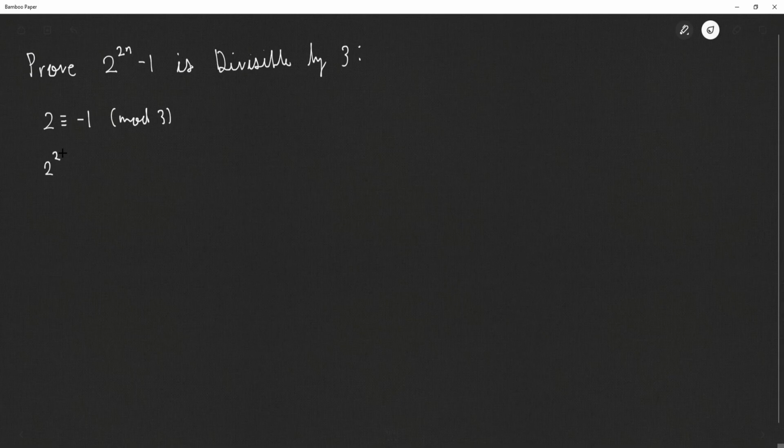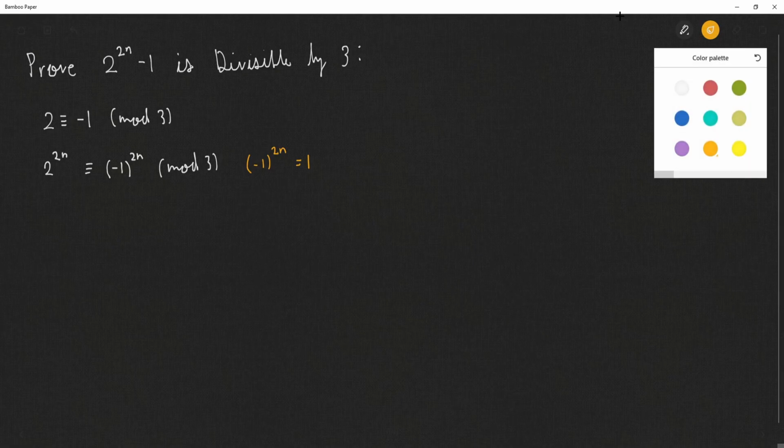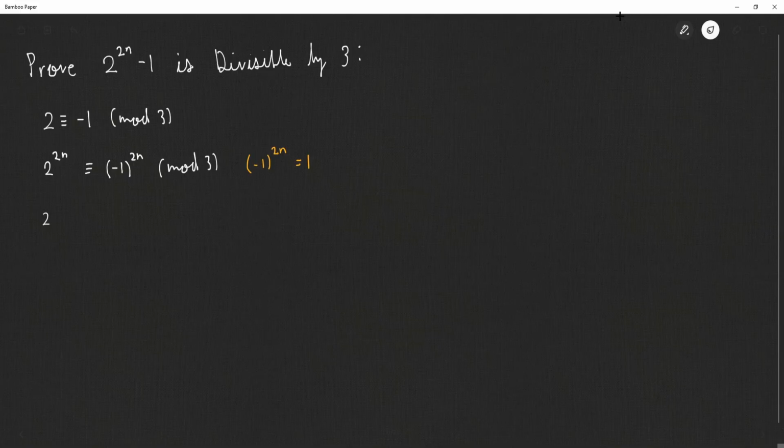So we get 2 to the power of 2n stays congruent to -1 to the power of 2n mod 3. And since 2n is always going to be even, I'll write as a note, -1 to the power of 2n is equal to 1. So this means that 2 to the power of 2n is congruent to 1 mod 3.